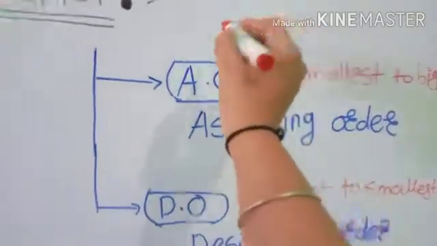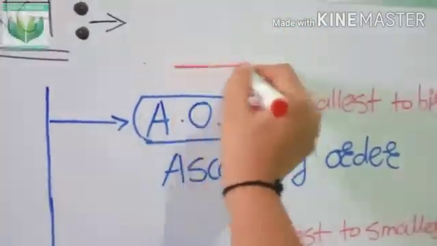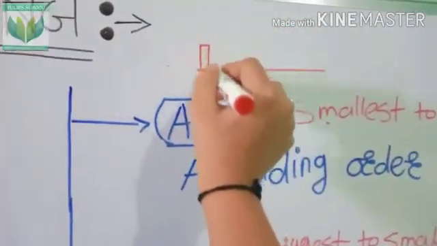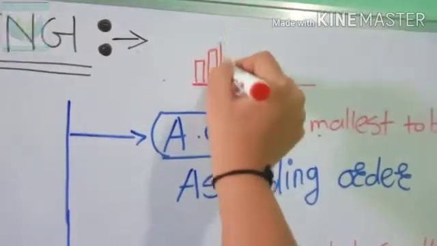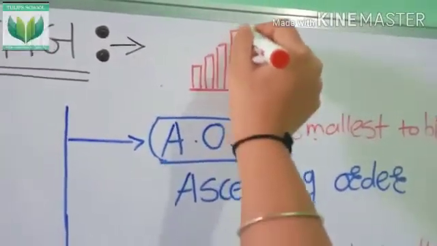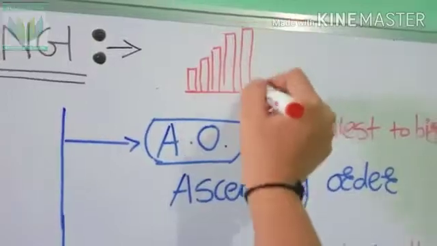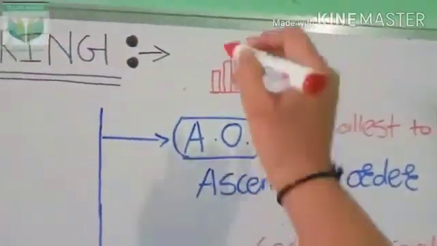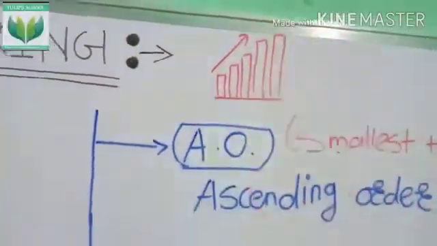Ascending order means we move like a graph, from small to big. It is also called increasing order.